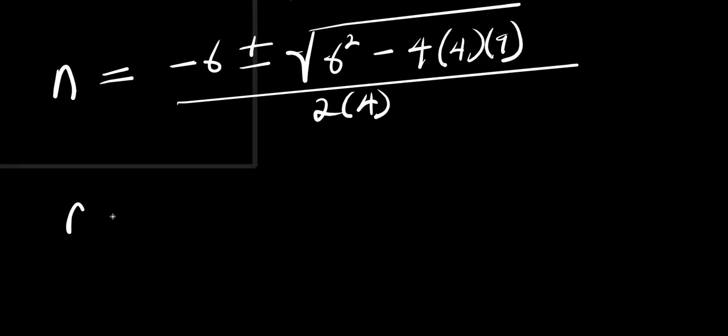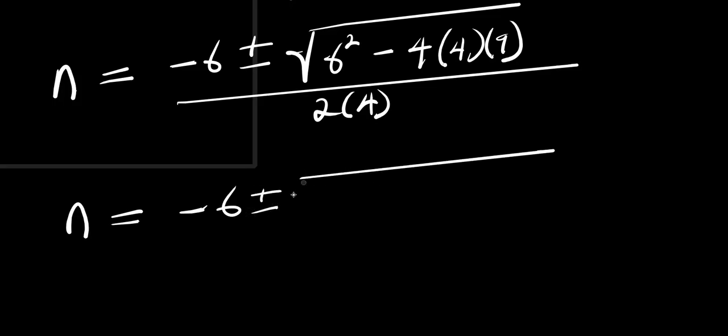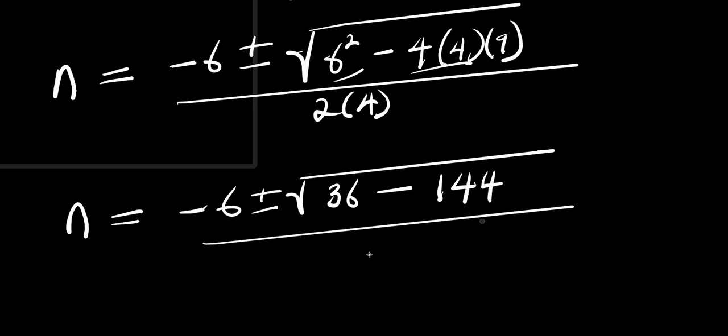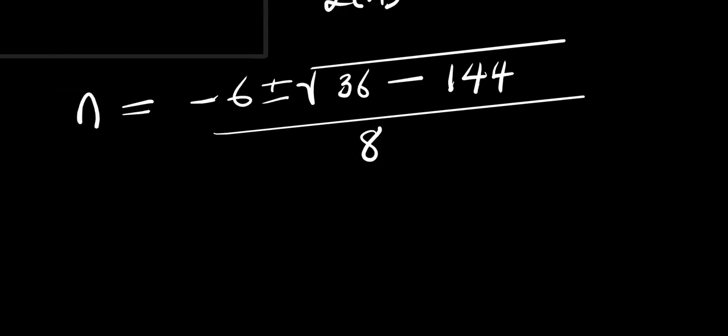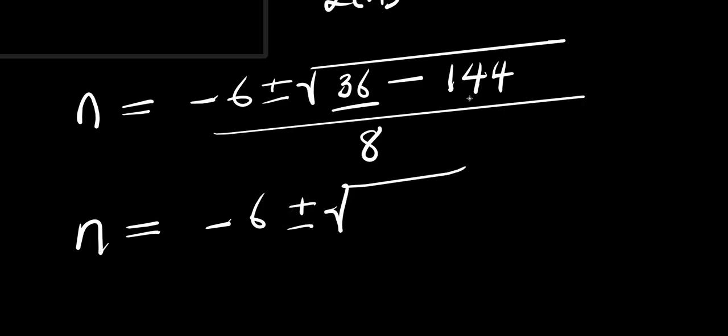So from here, I have n equals negative 6 plus or minus square root of 6 power 2. This is 36 minus 4 times 4. That is 16 times 9. That is 144. And this is divided by 8. So from here, I have n equals negative 6 plus or minus square root of 36 minus 144.